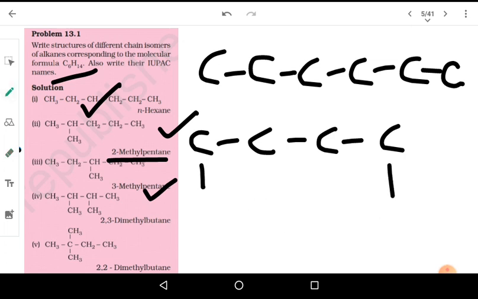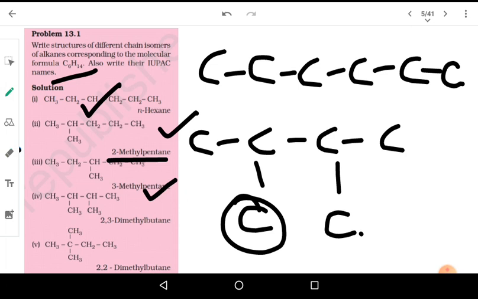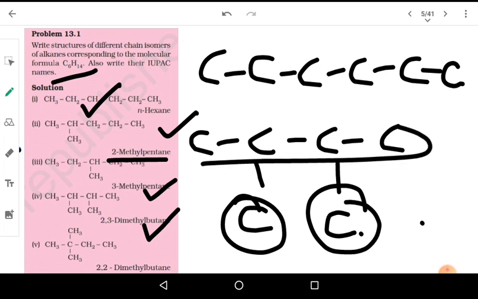This is not possible, so we eliminate that option and place them over here and here. So this is another possibility. We have a methyl group at the second position and also at the third position. So it is 2,3-dimethyl and the parent chain here is butane. So it is 2,3-dimethyl butane.